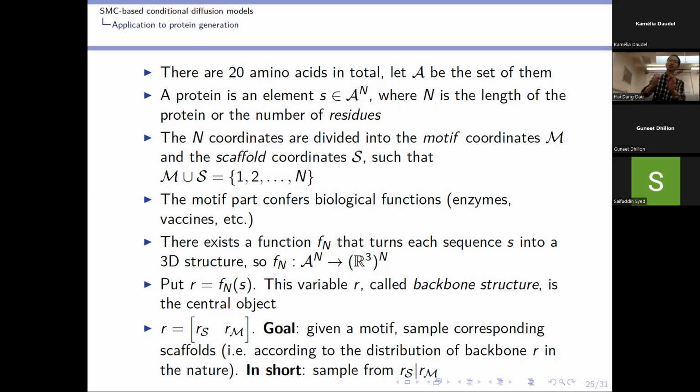If you just want to look at the problem in a mathematical way, all I am interested in is this variable R, which can be decomposed into two parts, R_S and R_M. My goal is, given a motif, can I sample the corresponding scaffolds? So I just want to sample from R_S given R_M, R scaffold given R motif, when I have a sample of proteins that follow more or less the distribution of the backbone in nature.